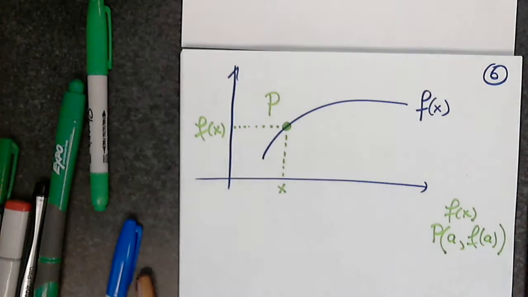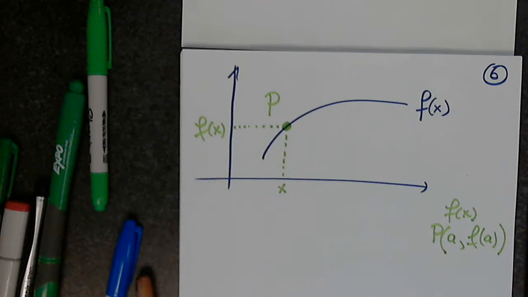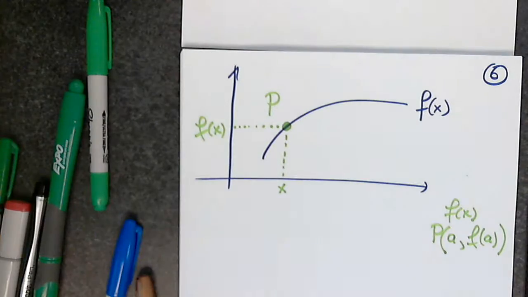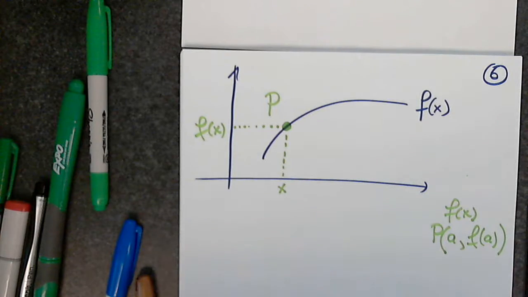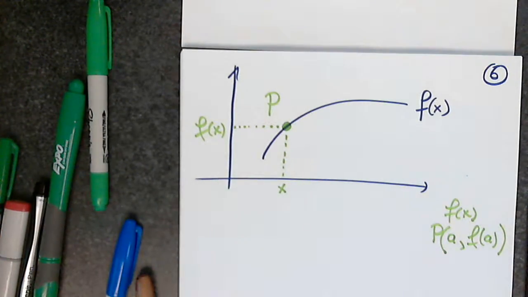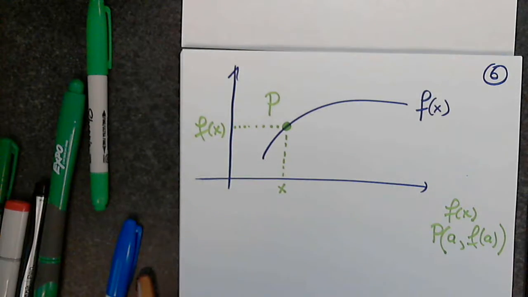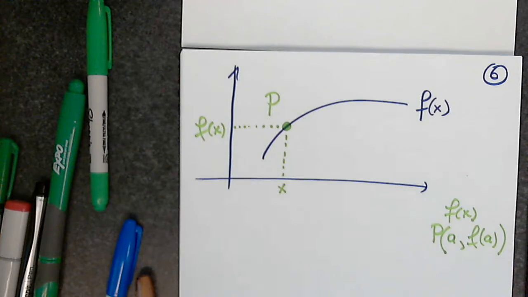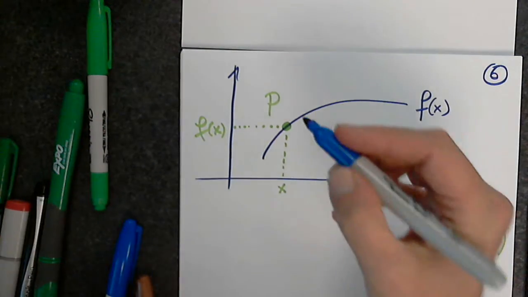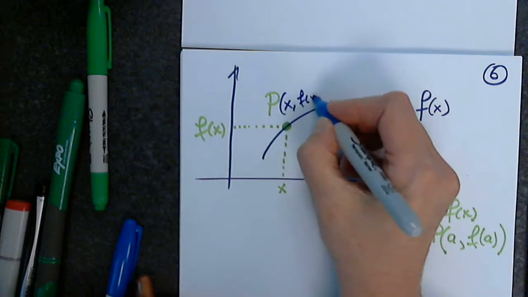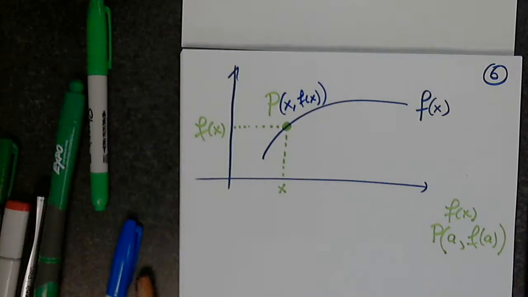If we have a function and the x-coordinate of a point that is on the function, how do we find the y-coordinate of that point? Plug it in. Is this clear? Perfect. Stay with me. So then the coordinates are x comma f of x. We agree? We will not forget this.